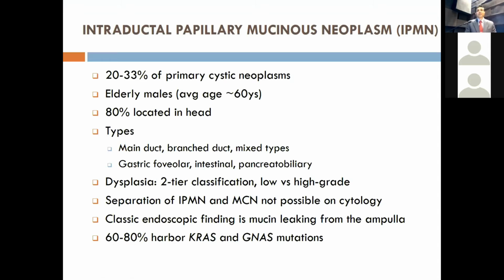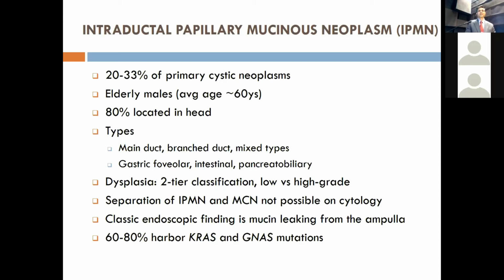So intraductal papillary mucinous neoplasms are one of the most common primary cystic neoplasms of the pancreas. Most of them are located in the head. Depending on the location, they can be divided into main duct type, branch type, or mixed types. It is essential whenever you are evaluating these neoplasms to grade the dysplasia, which is typically graded using a two-tier scheme into low grade and high grade.